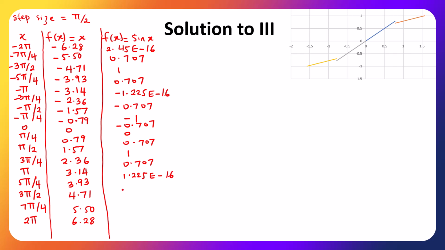Then next, we have minus 0.707. And next, we have minus 1. And we have minus 0.707. And finally, we have minus 2.45 times 10 to the power minus 16. So we have these values for f of x equals x and f of x equals sine x.